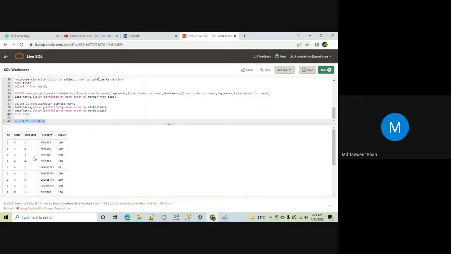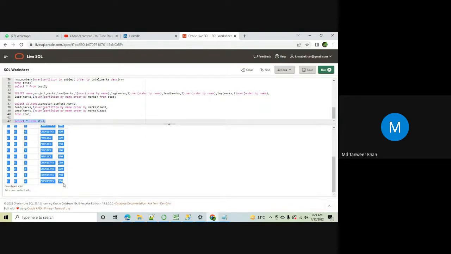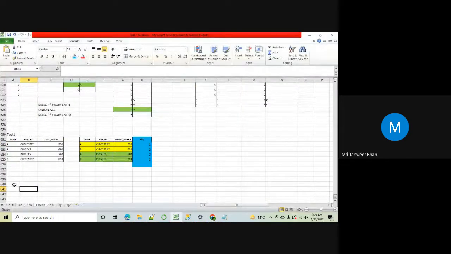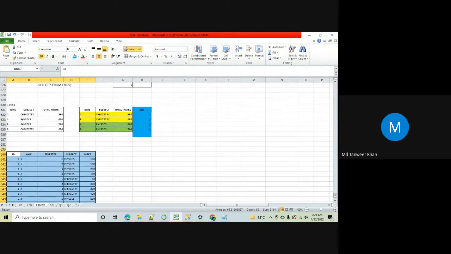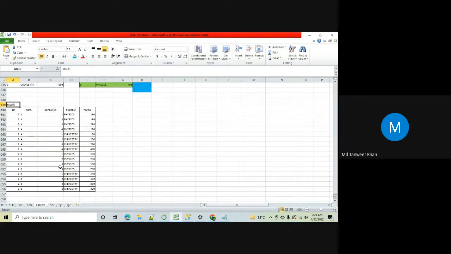This is our student table. In my LinkedIn posts, you will see many questions I solve using lead and lag only. So this is very useful.